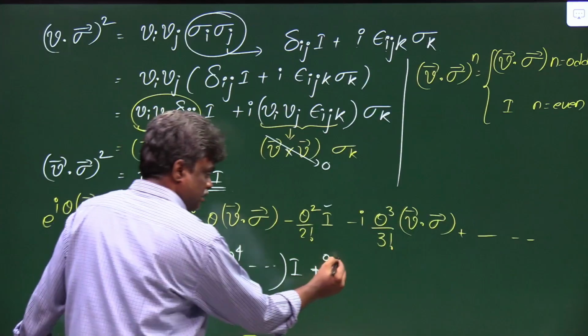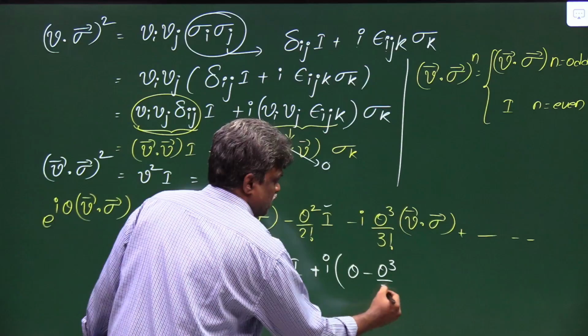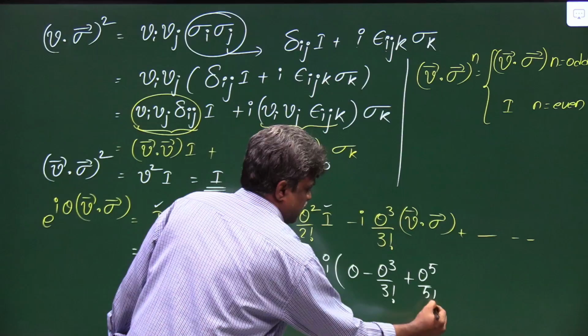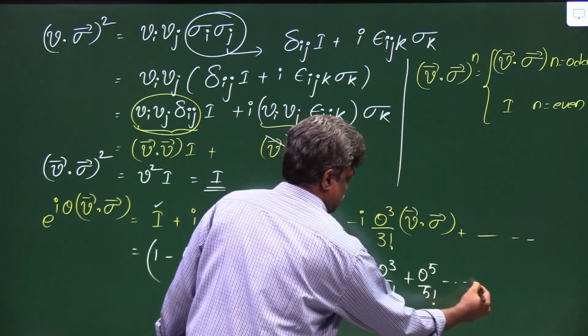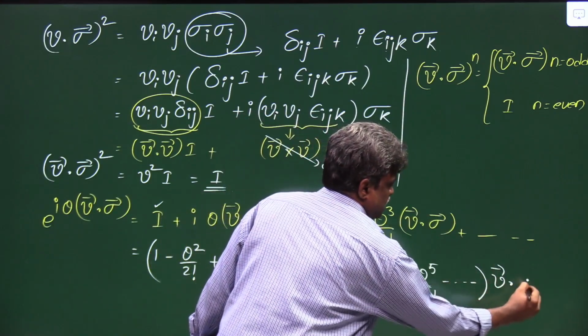Then what I will get here: theta minus theta cube by 3 factorial, plus theta power 5 by 5 factorial, and so on, into v bar dot sigma bar.